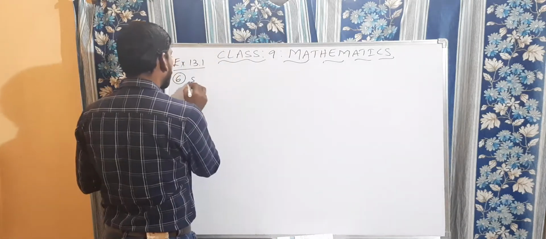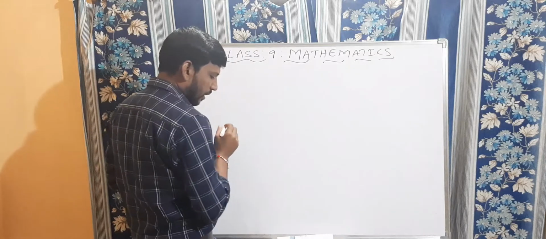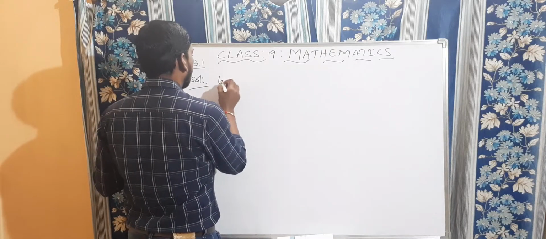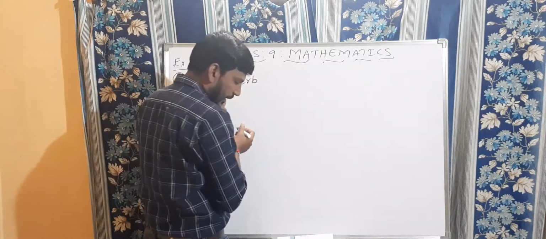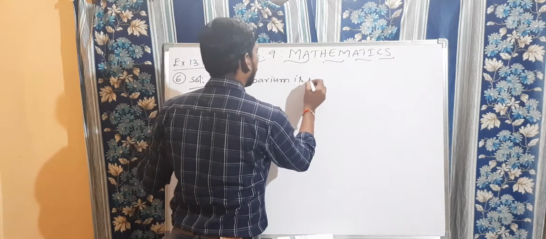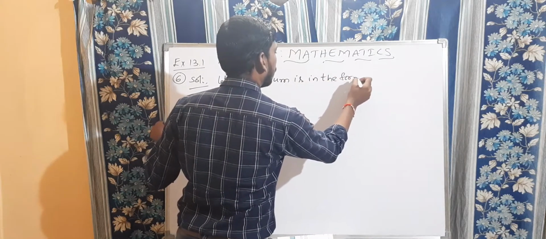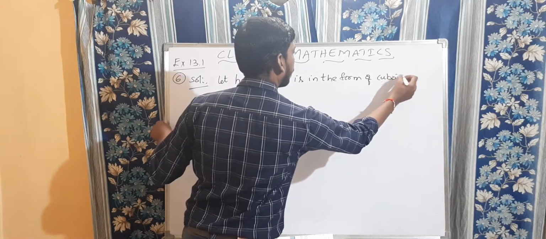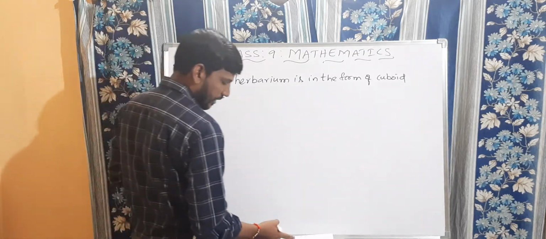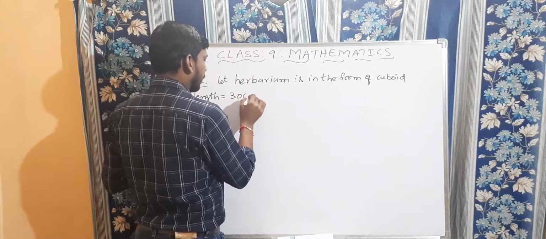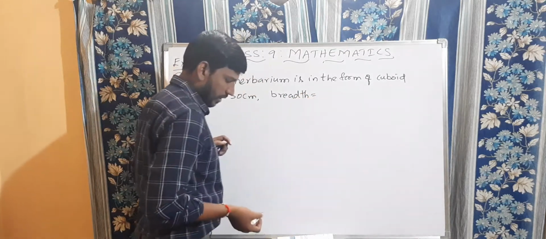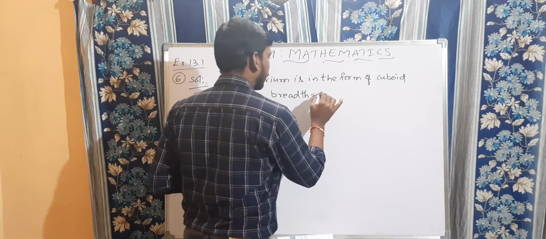Now the solution. The indoor greenhouse is nothing but the herbarium. Let the herbarium be in the form of a cuboid. They have given length equal to 30 centimeters, and wide is nothing but breadth, so breadth is 25 centimeter.